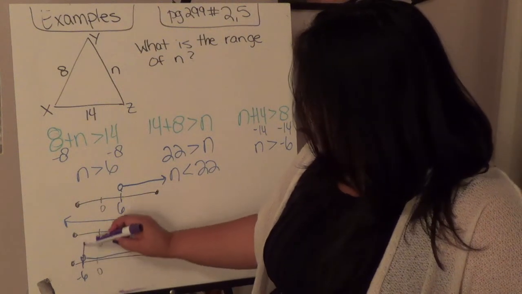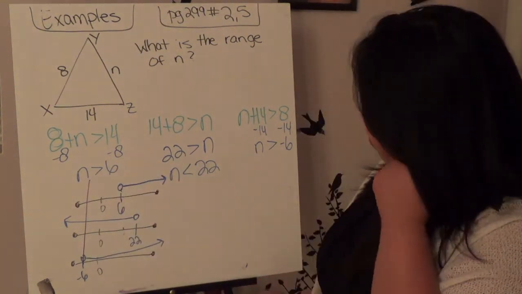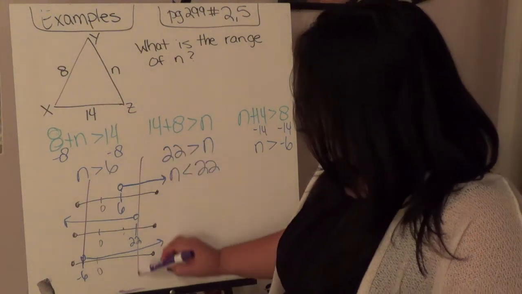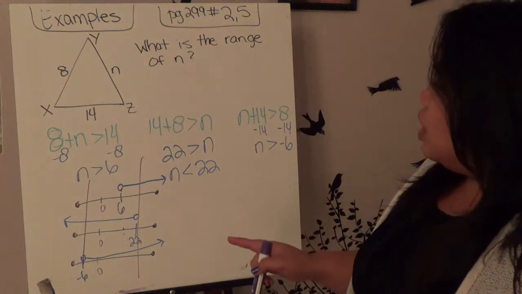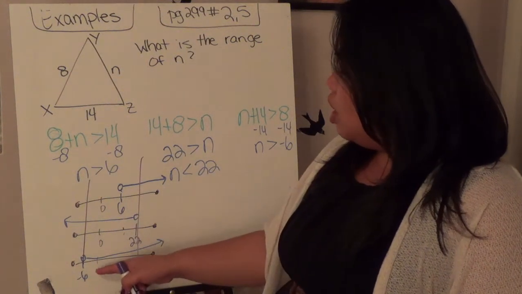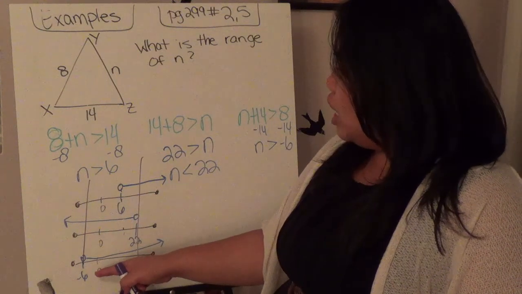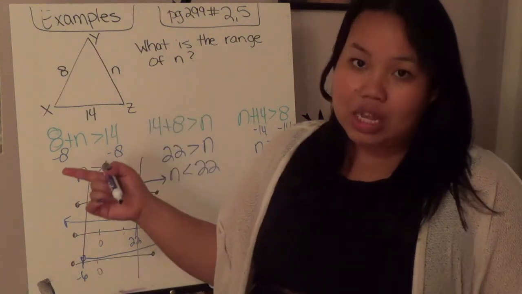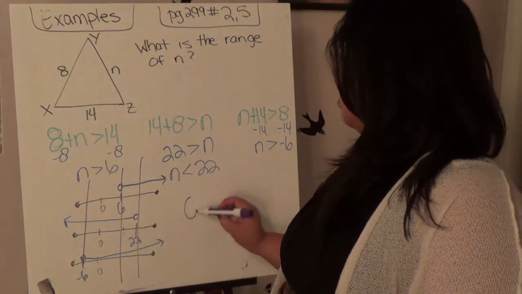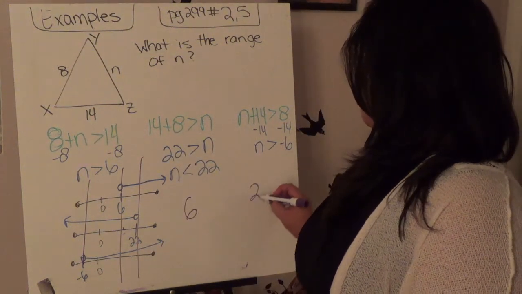It has to be here. But the problem with this is that it cannot be a negative number because you can't have a negative measure. So it needs to be between 6 and 22.